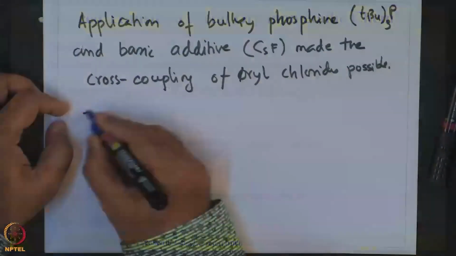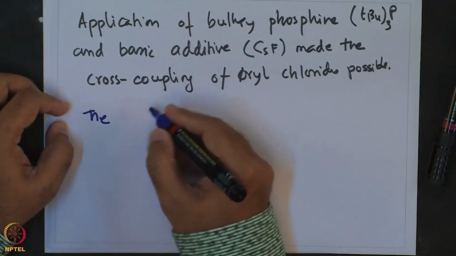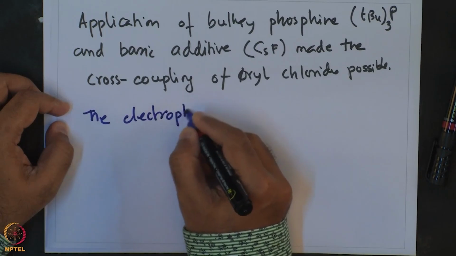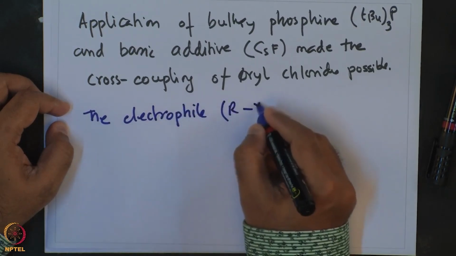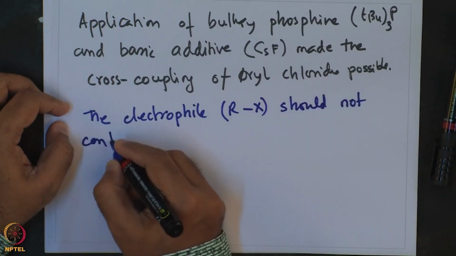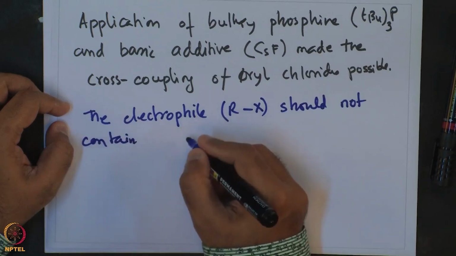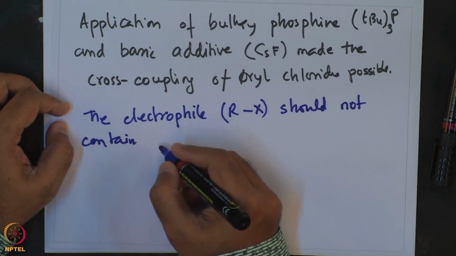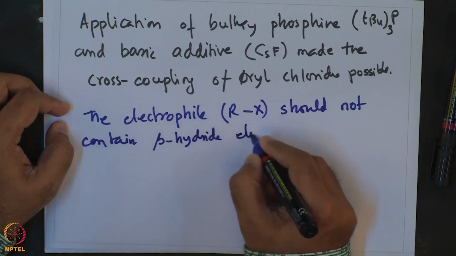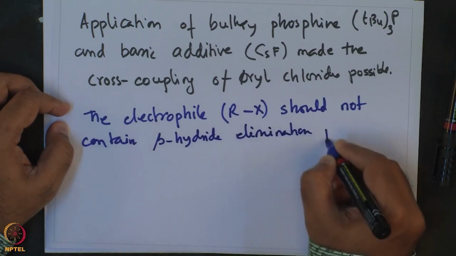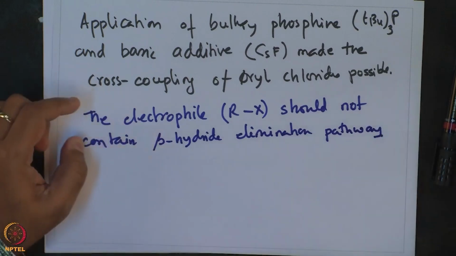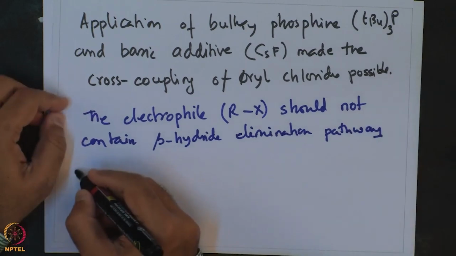The primary thing is that the electrophile, or RX, should not contain a beta hydride elimination pathway, and these Stille couplings are obviously functional group tolerant.